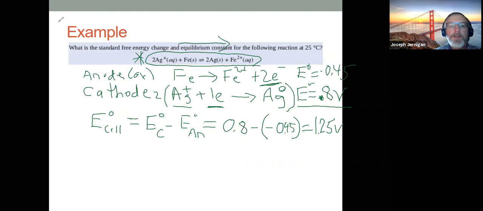Now, what was the question? Let's go back to the question. What is the standard free energy change and equilibrium constant? So delta E cell we just calculated.